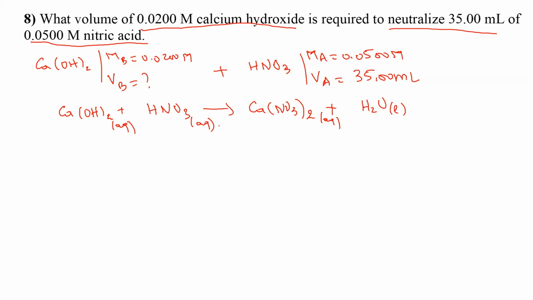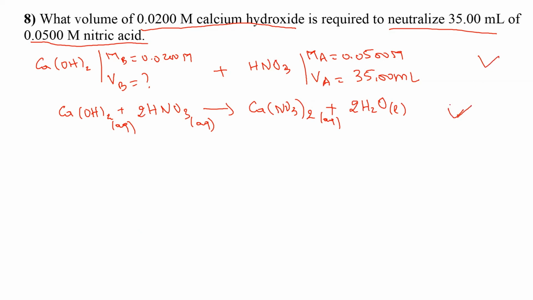Here we need to balance our chemical equation. We have 2 nitrate, so we need 2 nitrate. We have 2 hydrogen, 2 hydrogen. We have 2 OH, so O 2 times and H 2 times. Okay, so we have H2, H2O, we need to multiply here by 2. So we have 4, 2 plus 2, 4, and 2 times oxygen, 2 times oxygen. So our chemical reaction is balanced. The chemical equation is balanced.